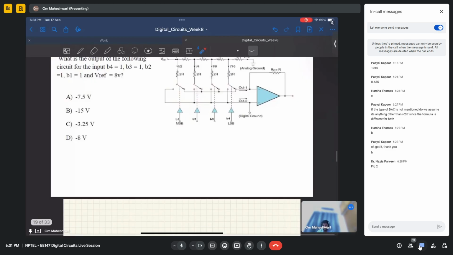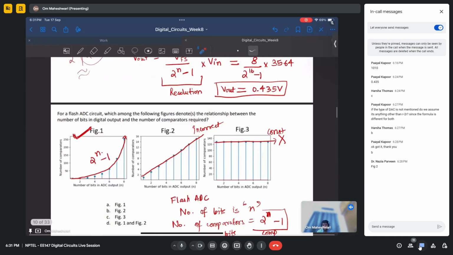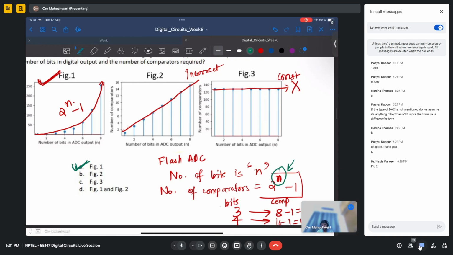So in flash ADC, the number of comparators rises exponentially, right? This is in exponent. So your answer is figure A. It does not increase linearly. It is not constant. It is exponential.